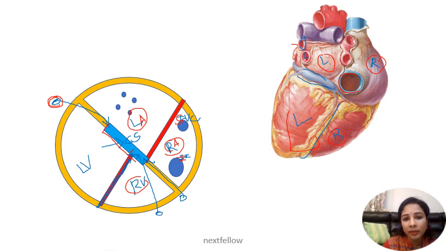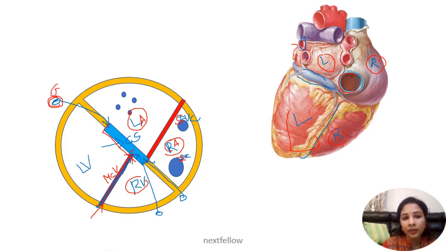So here is the schematic image of the posterior and inferior surface of the heart to understand. This is the posterior interventricular groove. Within the groove we have the posterior interventricular artery, and along with it the middle cardiac vein is present, which opens into the coronary sinus. So that's how we can remember the tributaries of the coronary sinus.